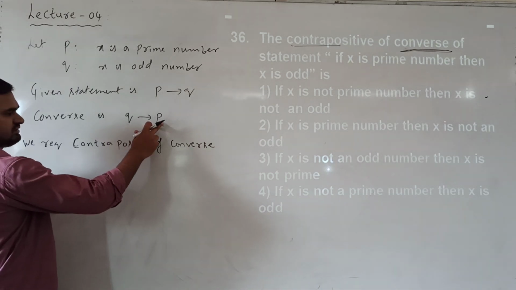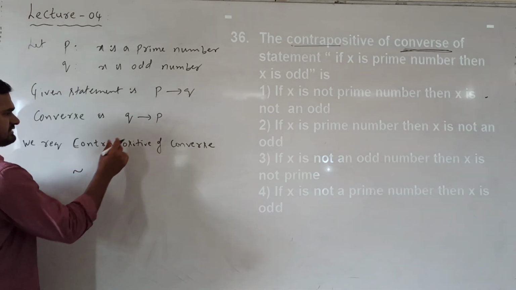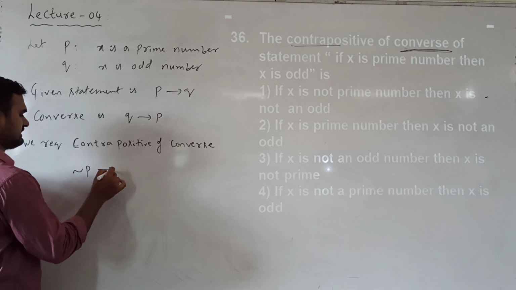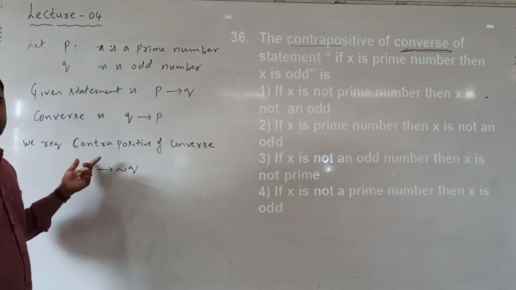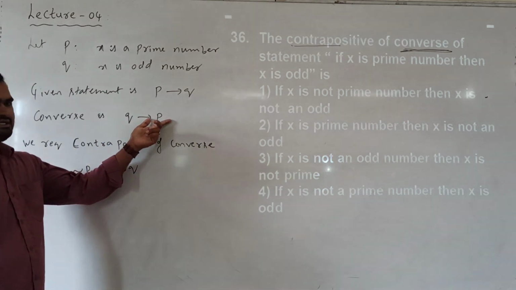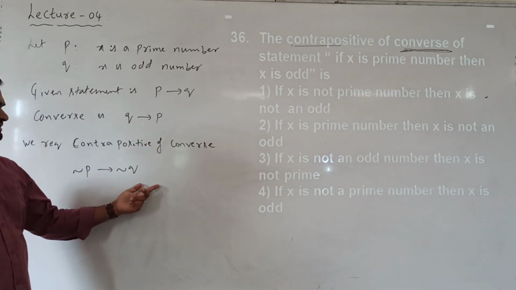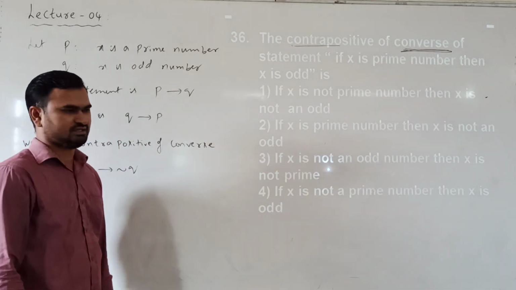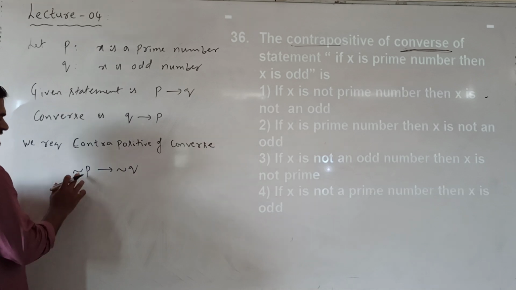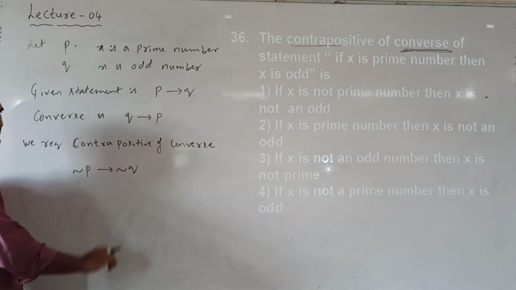For Q implies P, the contrapositive is negation of P implies negation of Q. How do we write a contrapositive? Negation of the second statement implies negation of the first statement. This is the contrapositive for any statement. So this is what we require: negation P implies negation Q.